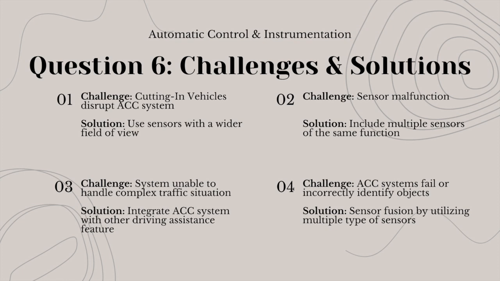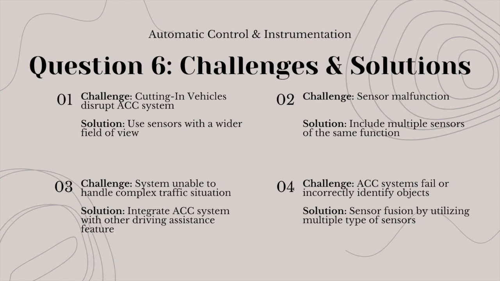To solve this issue, we can implement sensors with a wider field of view. This provides a broader detection range, allowing the system to anticipate and respond to sudden changes in traffic more smoothly. This can involve using advanced radar and camera technologies that can detect vehicles in adjacent lanes more effectively.